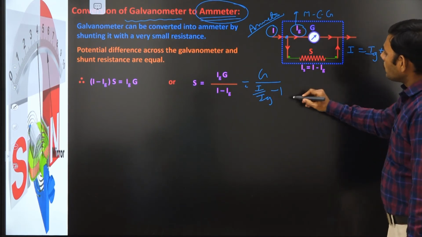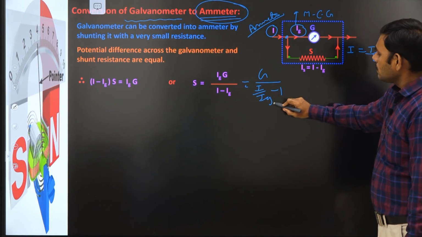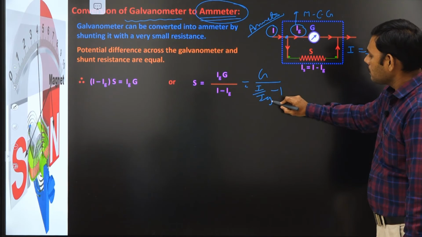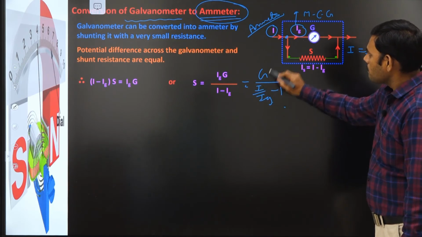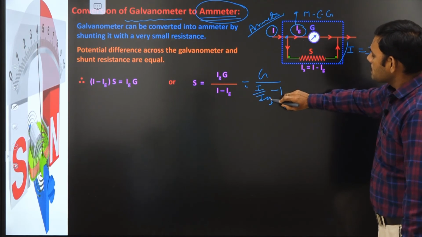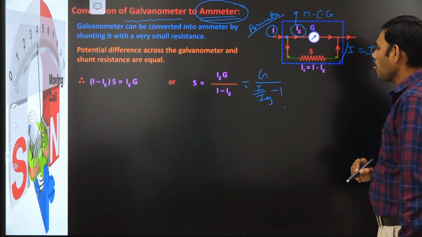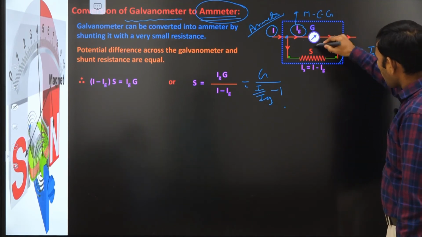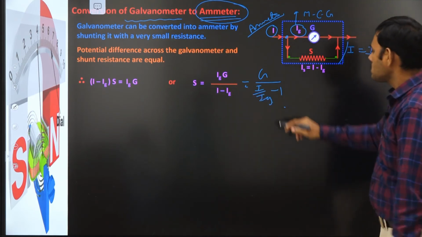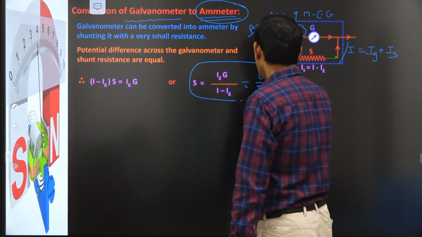So to increase the current strength from Iz in the galvanometer to I in the ammeter, where Iz is the maximum current of the galvanometer and I is the maximum current of the ammeter, this whole equipment is the ammeter. We have to connect a small resistance in parallel to the galvanometer, given by S is equal to Z by I by Iz minus 1.